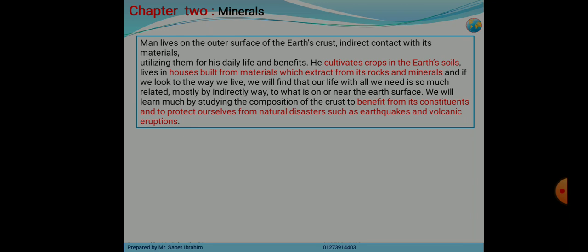We will learn much by studying the composition of the crust and using its constituents to protect ourselves from natural disasters like earthquakes and volcanic eruptions.